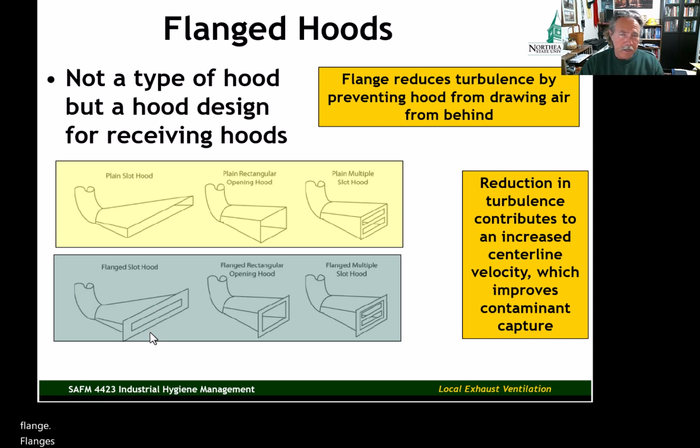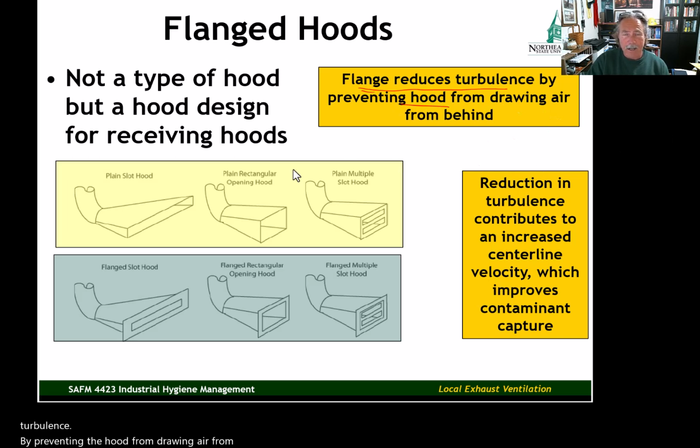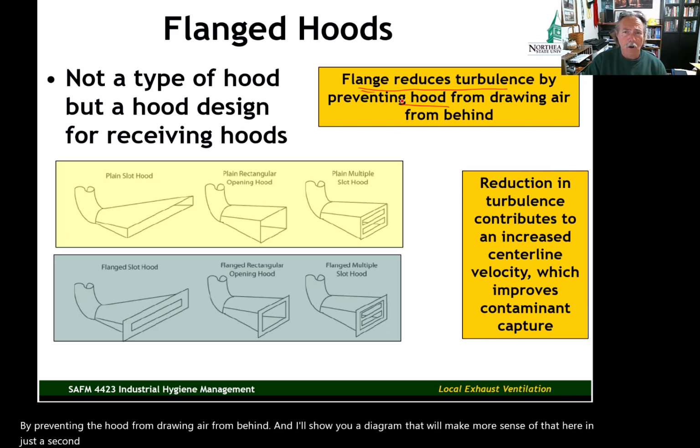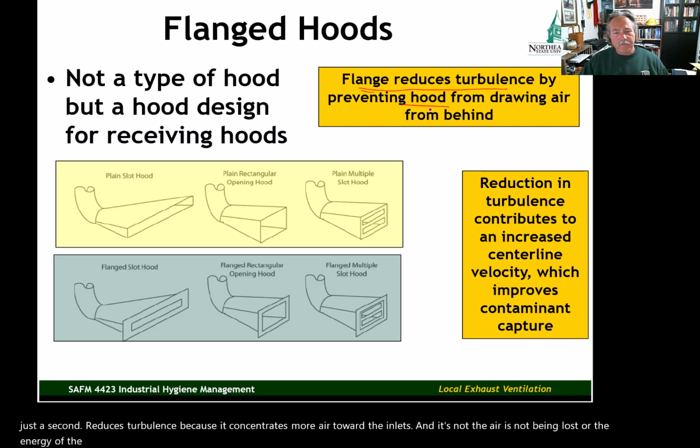Flanges, generally speaking, are considered to be more efficient. And they're more efficient because the flange reduces turbulence by preventing the hood from drawing air from behind. And I'll show you a diagram that'll make more sense of that here in just a second. It reduces turbulence because it concentrates more air toward the inlet, and the energy of the ventilation system is not being lost back behind the inlet.